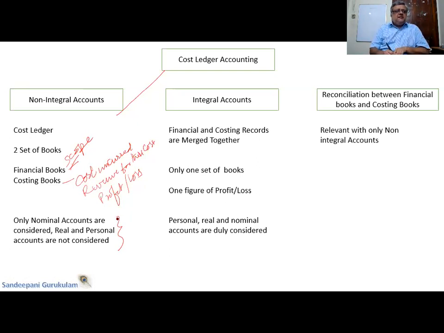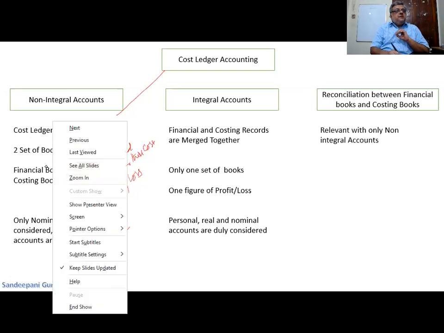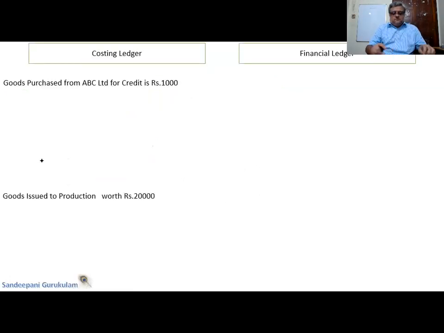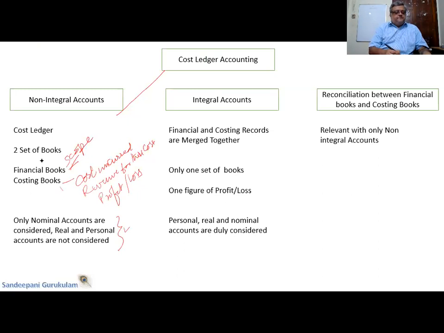Costing deals only with nominal accounts. But keep in mind, this costing book is also based on double entry. The financial book is also based on double entry.